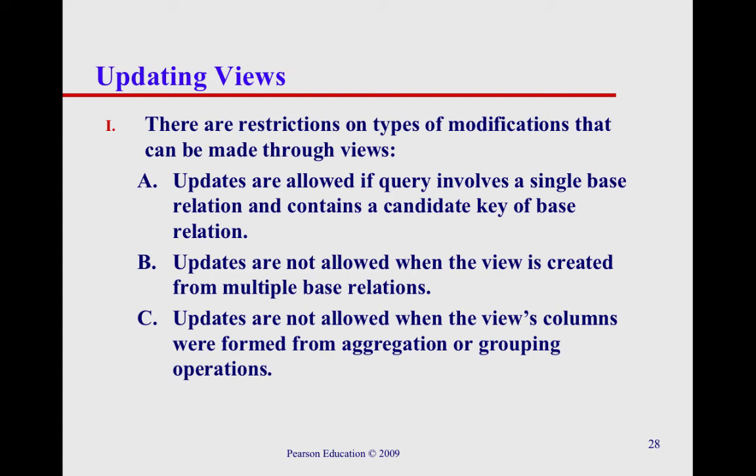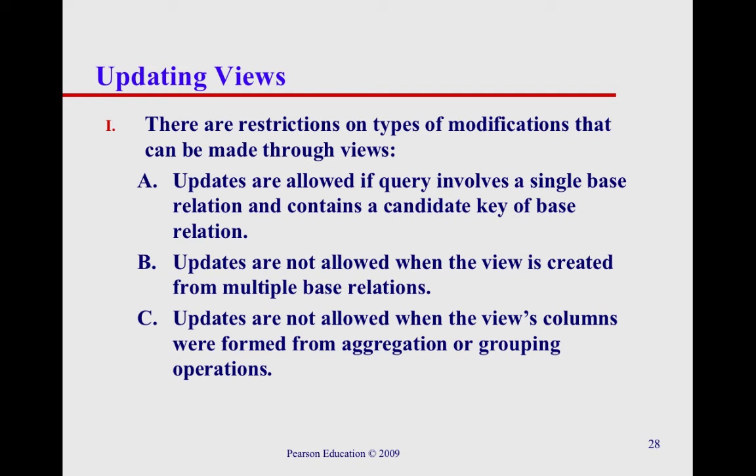And the query or the view must contain the candidate key. That allows us to uniquely identify the tuple in the base relation that is being modified. So we can only modify tuples in a view if they contain a candidate key from the base relation.